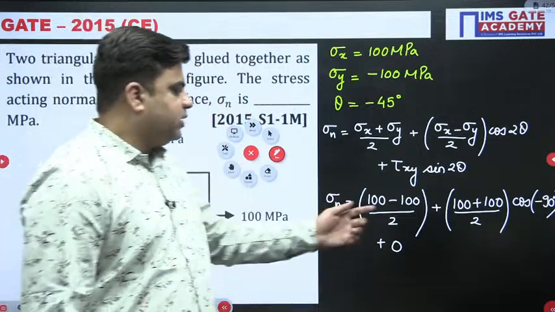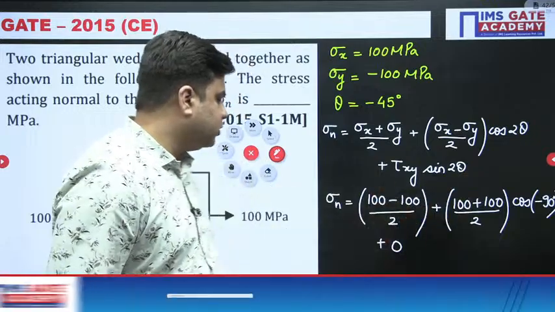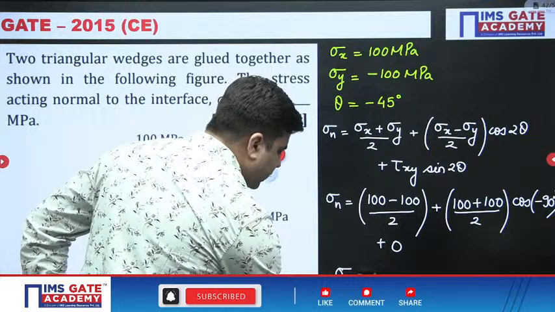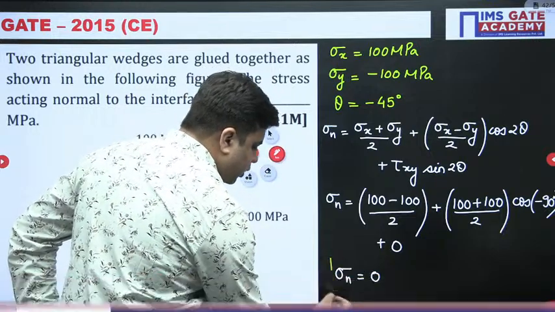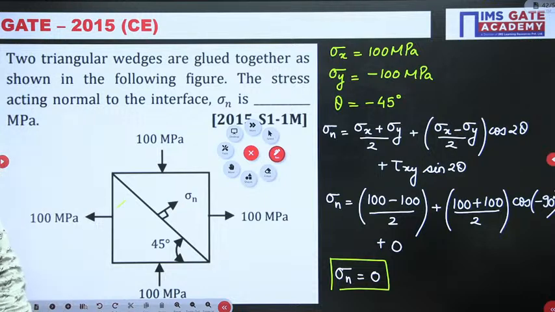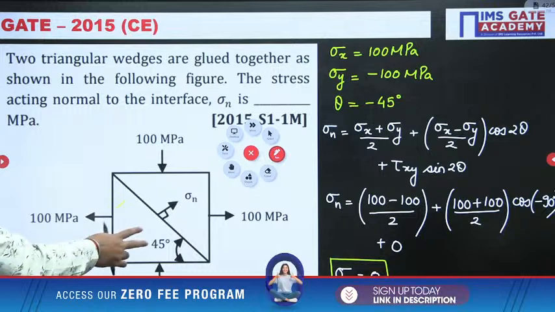So, this first term is 0, cos of 90 is also 0. So, these two terms are 0. So, the value of normal stress on the oblique plane will come out as 0. Let's move ahead with this.